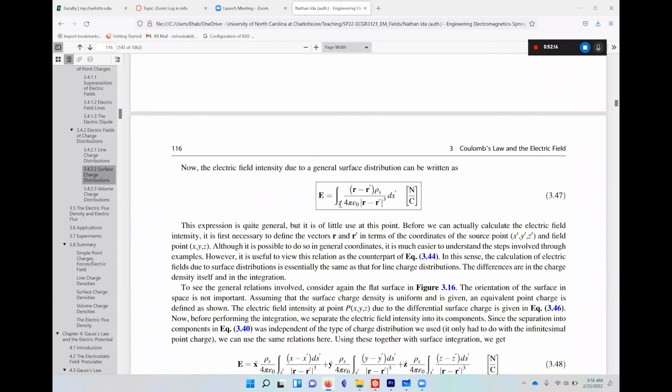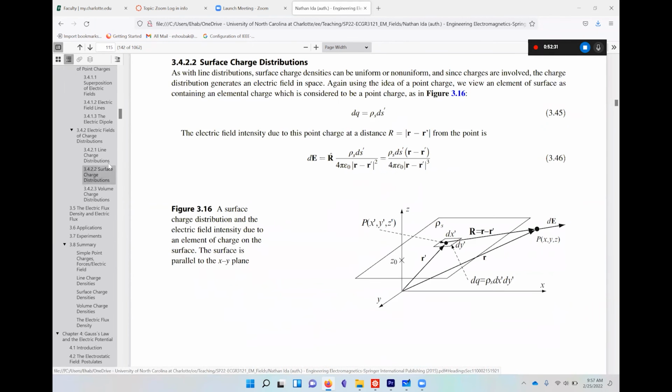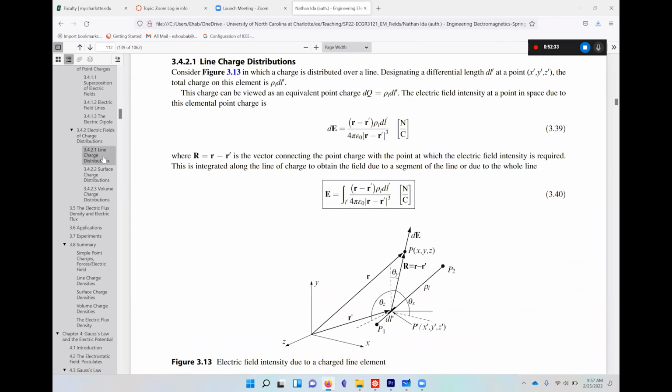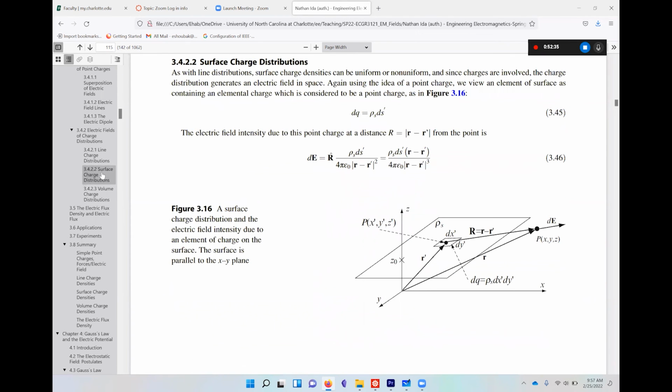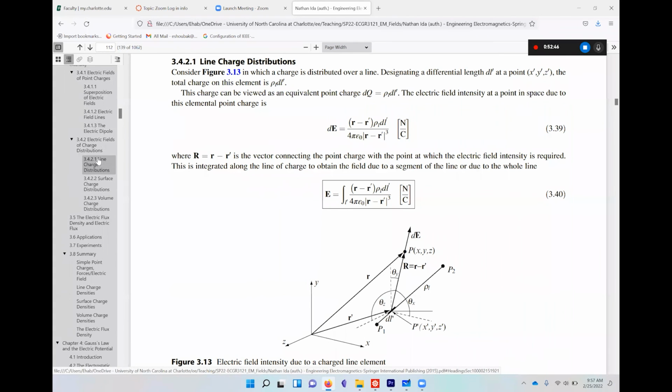Prime indicating that we're integrating not over space, we're integrating over source material that generates the field. And same thing with the volume charge distributions. This is just integration, essentially. So just for completeness, we're going to go over a few examples next time and hopefully finish this chapter next time.